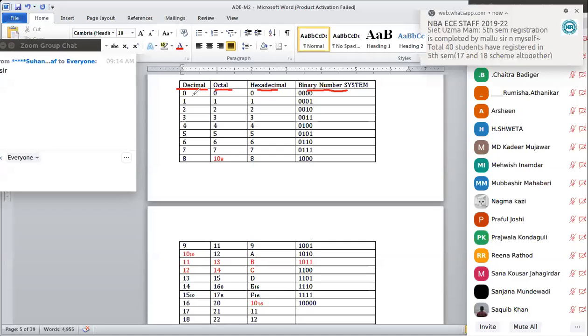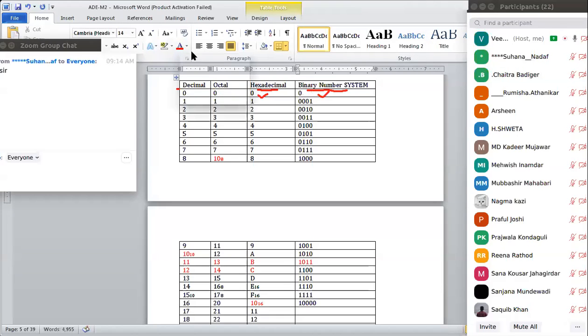So what is happening here? 0 is present in all the number systems, so 0, 0, 0, and in binary it is also 0. Then the 1 in decimal is the same 1 in octal, in hexadecimal again the same, and in binary again the same.